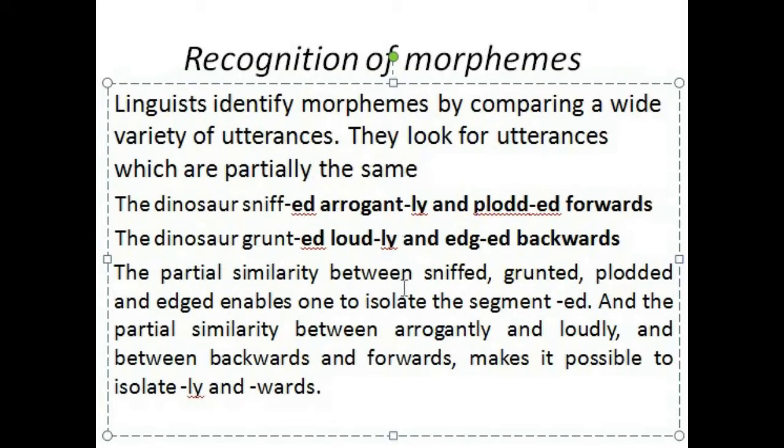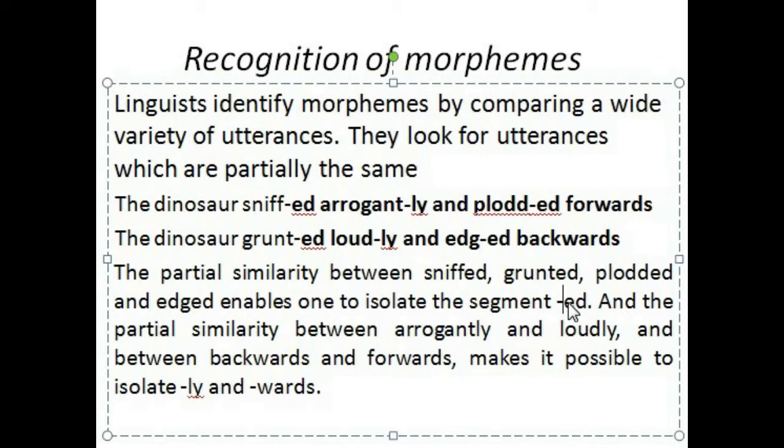So the partial similarity between sniffed, grunted, and edged, I mean if you notice that sniffed, this is the verb, and then plodded, and then grunted, and then edged, it enables one to isolate the segment -ed.